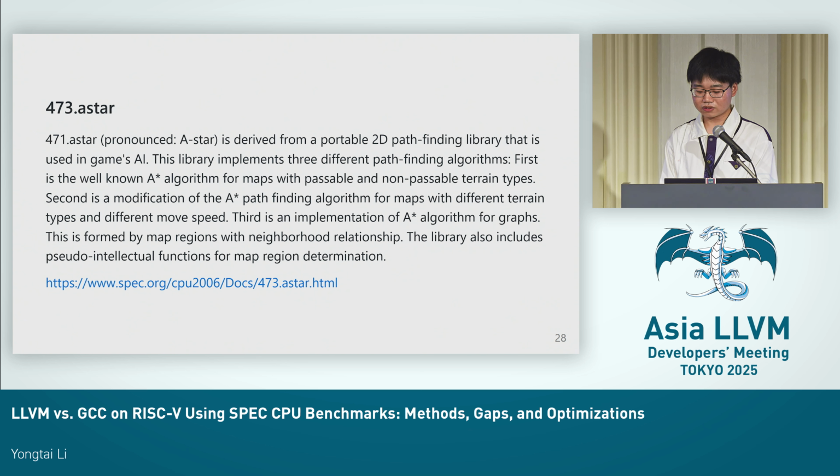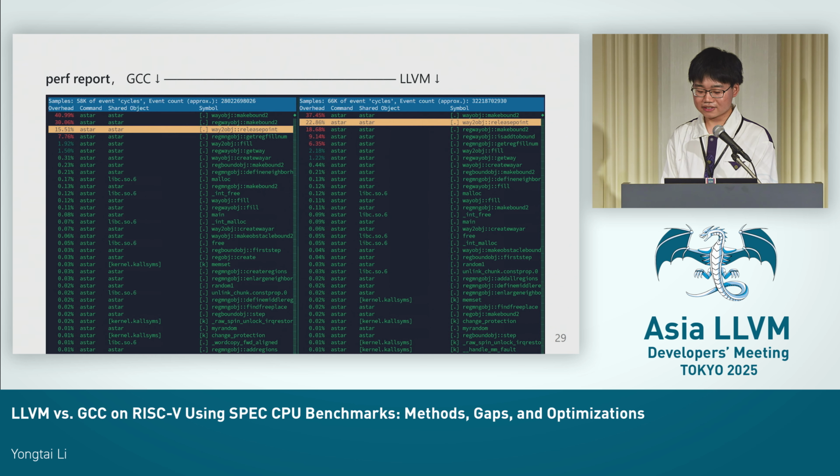The test methodology and tuning I mentioned earlier apply equally to both SPEC CPU 2017 and SPEC CPU 2006. Here are the perf report results. You can see the function releasepoint accounts for a much larger fraction of dynamic instructions in LLVM than it does in GCC.